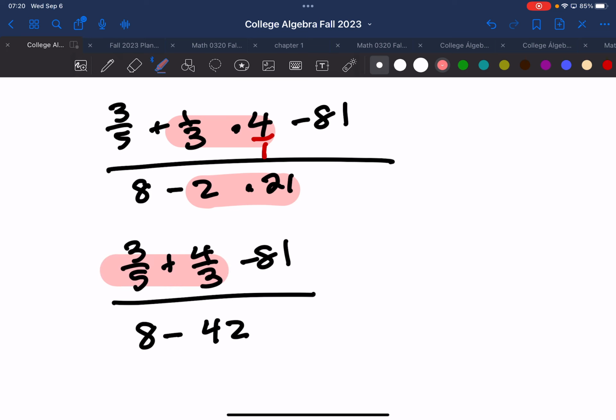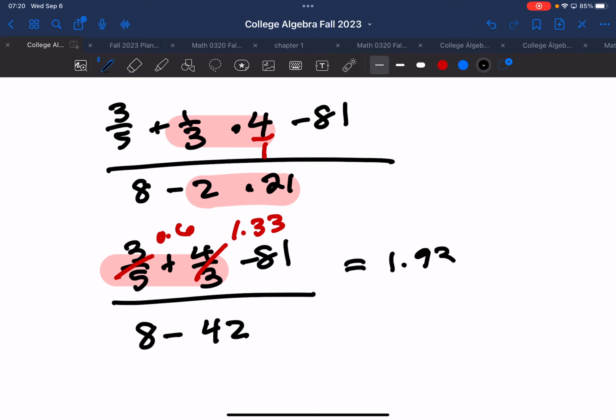So at this point, I'm turning them into decimals. So 3/5 gives us 0.6, and 4/3 gives us 1.33, rounding that here. So if I'm adding that, I get 1.93 minus 81 over 8 minus 42.